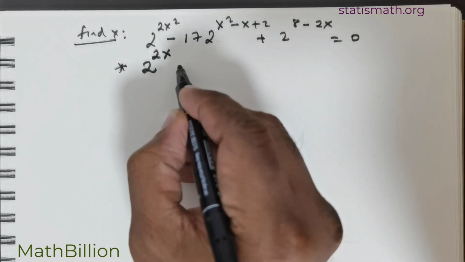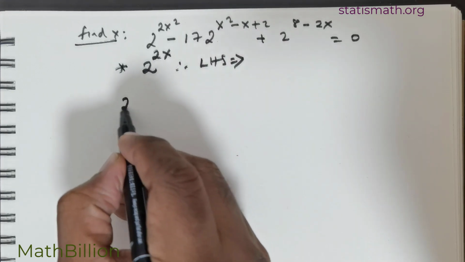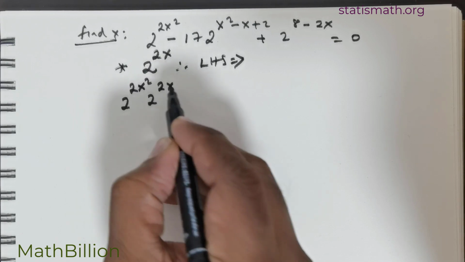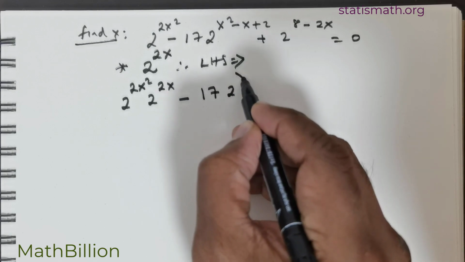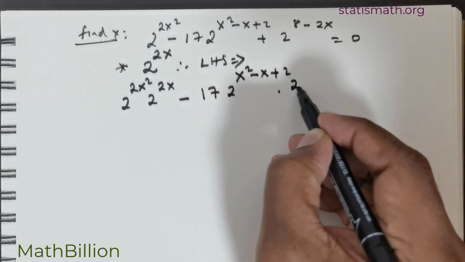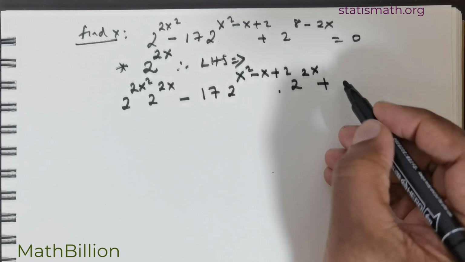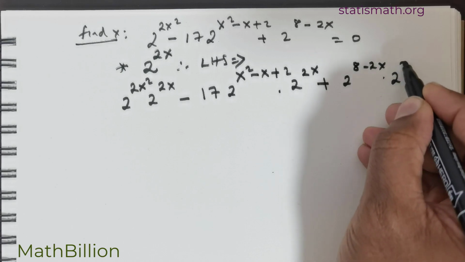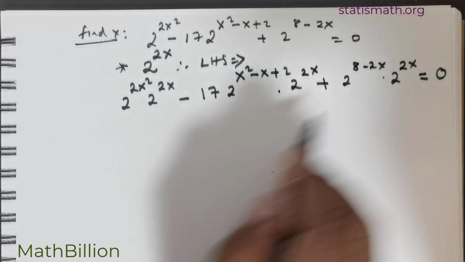When I do that, the left hand side can be rewritten as 2^(2x²) times 2^(2x), minus 17 times 2^(x² − x + 2), multiplied by 2^(2x), followed by 2^(8 − 2x). We are multiplying by 2^(2x). 0 multiplied by 2^(2x) will give us 0.